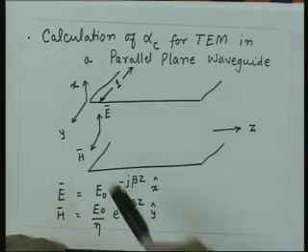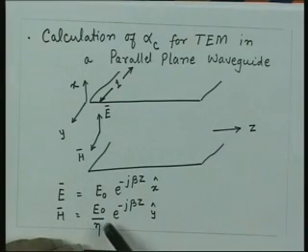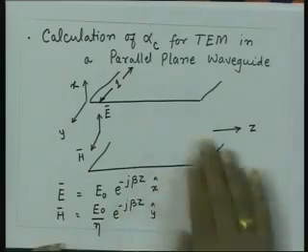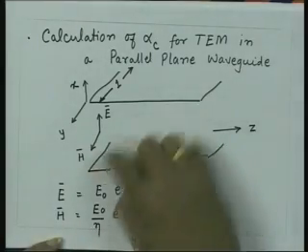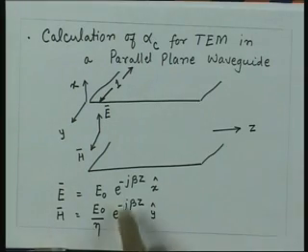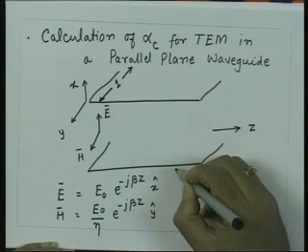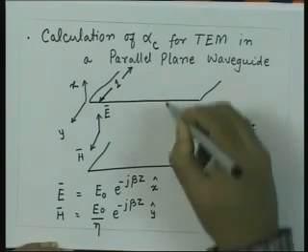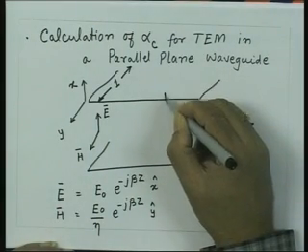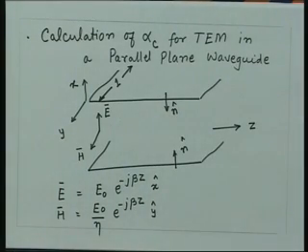Now, note here this H, which is not varying as a function of y, it is constant, whose amplitude is E0 upon eta. On this wall, the magnetic field will be in y direction, here also the magnetic field will be in y direction. And as we saw last time, the normal to the surface will be upwards, here unit normal which is like that, and we will have unit normal for the upper surface which will be like that. So, if I go by n cross H, so this is n, H is coming out.